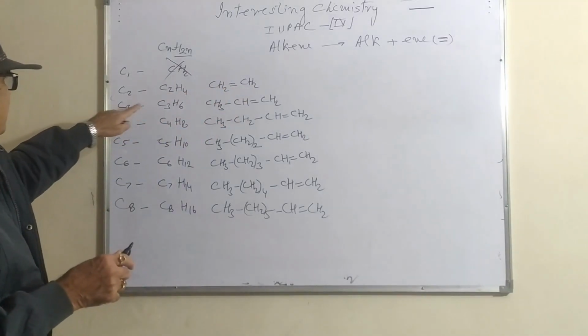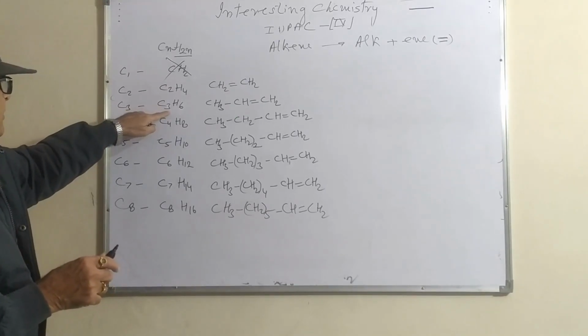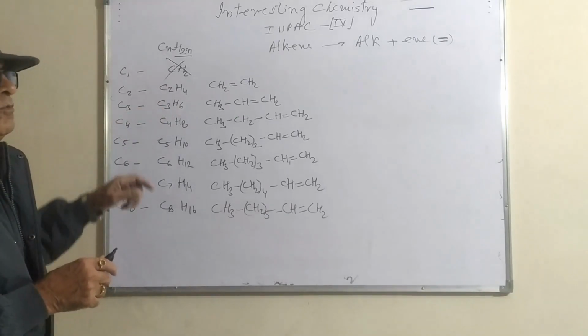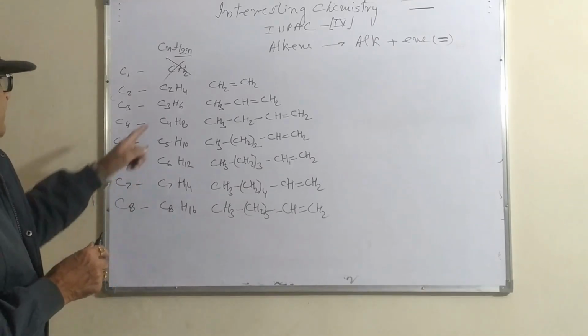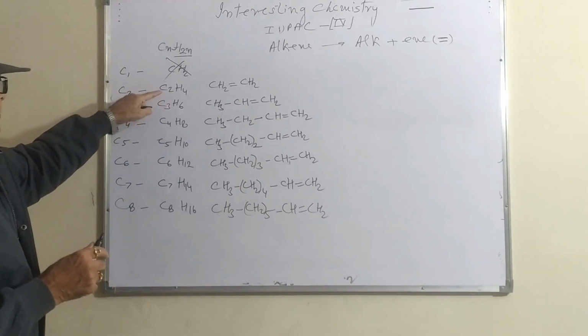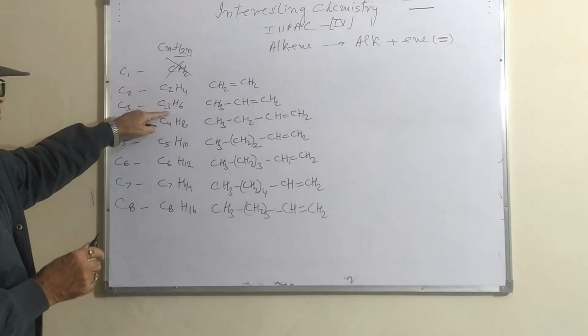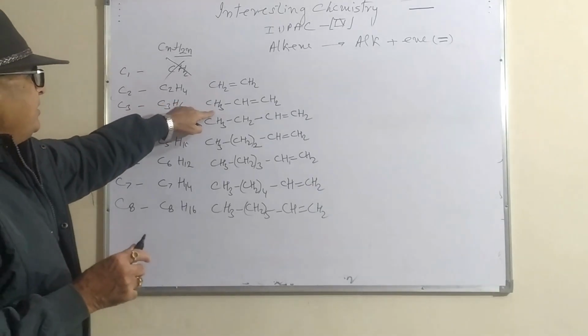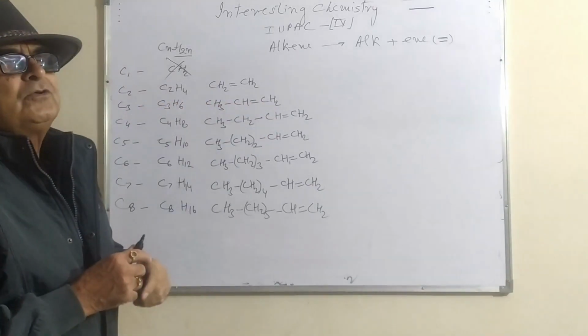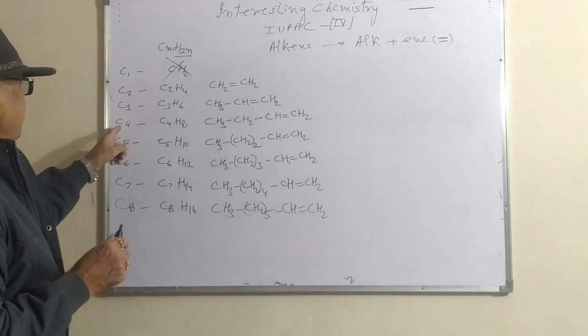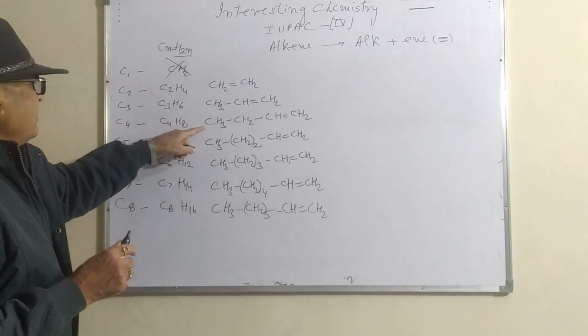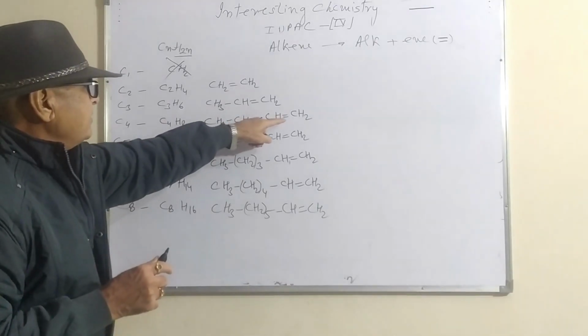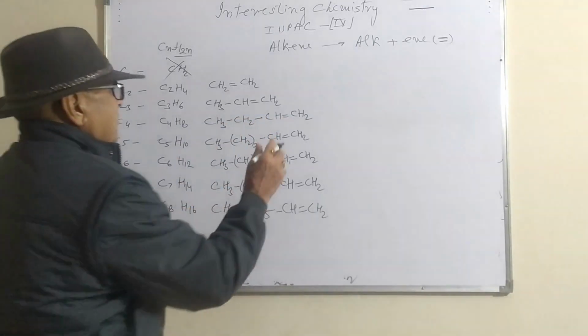When carbon is 3, the molecular formula C3H6 is propene: CH3-CH=CH2. In the same way, for C4, it is CH3-CH2-CH=CH2, butene.